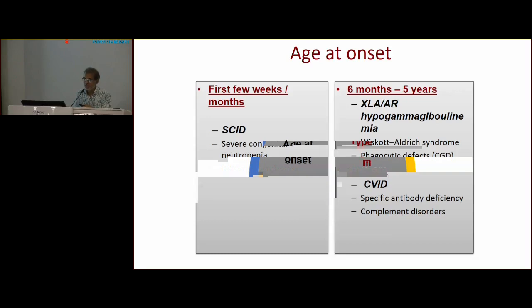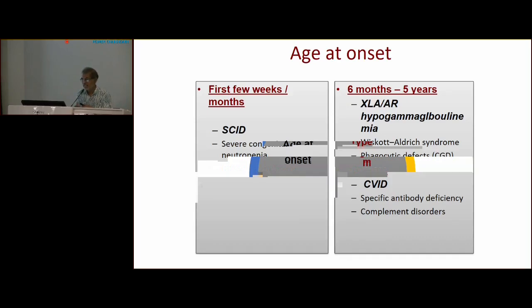That depends upon the IgG catabolism, which is variable in every individual. So 6 months is not a cutoff. You could have infants who present at 4 months, or as late as 18 months. And it also will depend on the genetic defects. Wiskott-Aldrich also presents at 6 months.